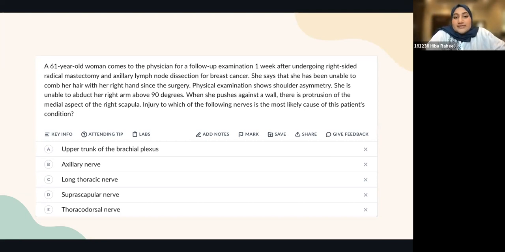So the serratus anterior not only holds the medial border of the scapula against the chest wall, but it also helps with abduction. So it's not always going to be trapezius. If trapezius is damaged, serratus anterior would be covering, and trapezius does it above 120. She's talking about above 90. This question is saying above 90.